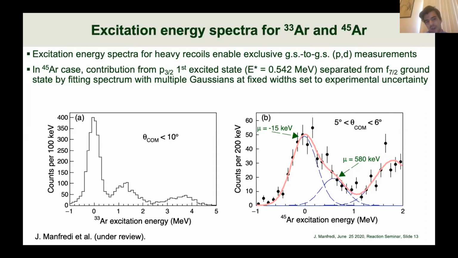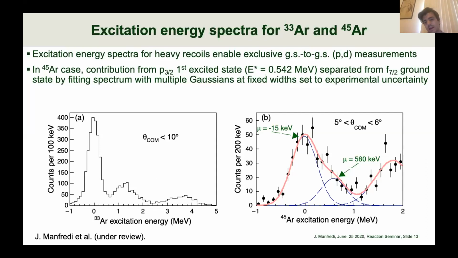The argon-45 case was a little bit more complicated because we have a P3 halves excited state at low energy at 542 keV. At forward angles, we found that we can tease out the contribution from this peak. This is where our experimental uncertainty is highest, and also where the cross-section for that first excited state is highest.